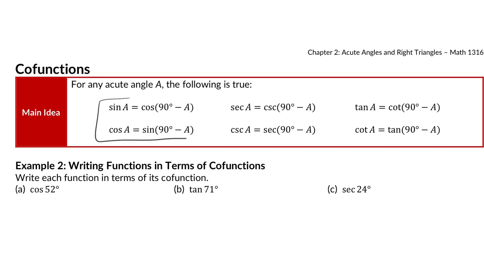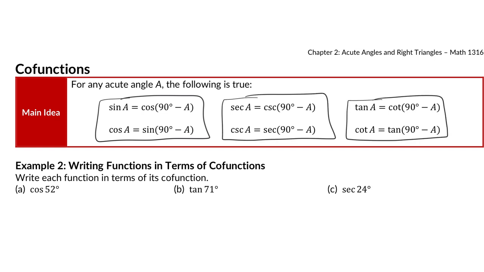So sine and cosine are cofunctions, which means secant and cosecant are cofunctions, which means tangent and cotangent are cofunctions. So again, this follows from what we just did on that other paper, because we noticed that the values were the same if the angles are complements of each other. They would add up to 90 degrees.